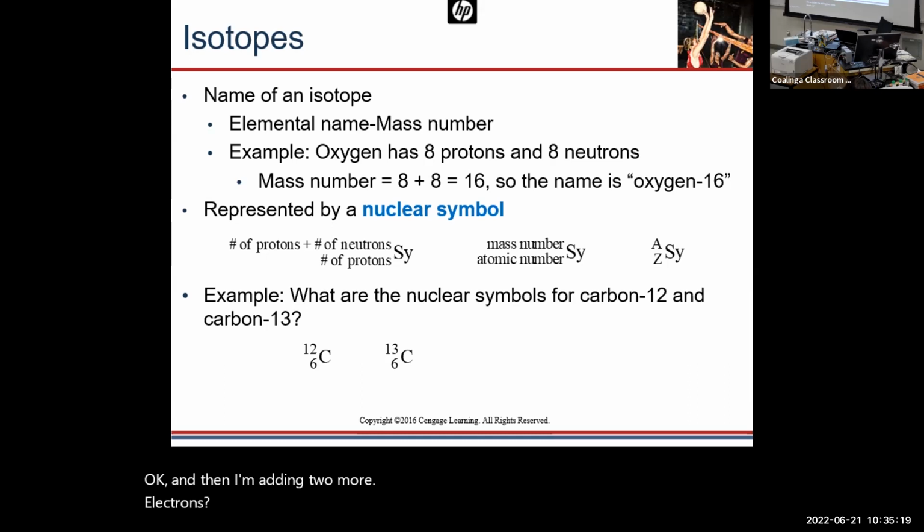How many protons? 8. And then how many neutrons? 8. Because what is the mass? It's like 16.9, but you would round up to 16. So 16, right? You guys got that? Are you sure? Good.